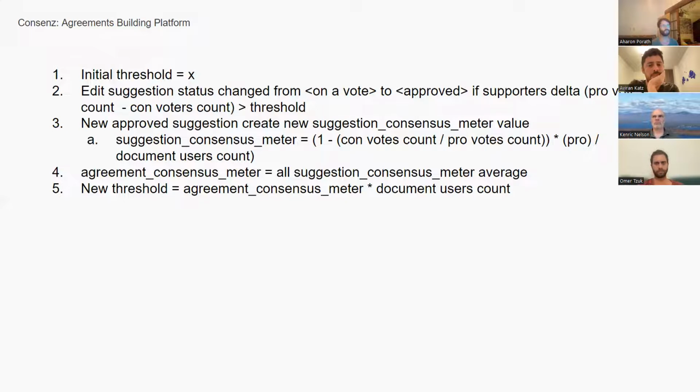Here we do take into consideration the participants that are part. They can be part of the community, they can be part of the process, but they did not take an active part in the voting on the specific suggestion.